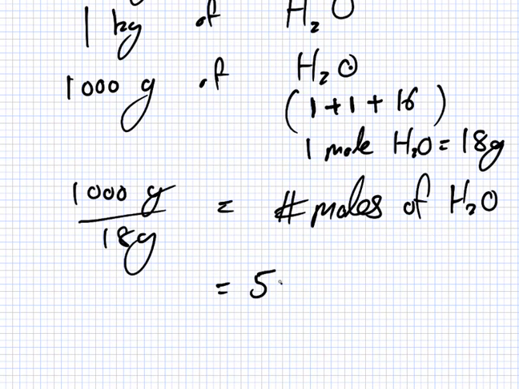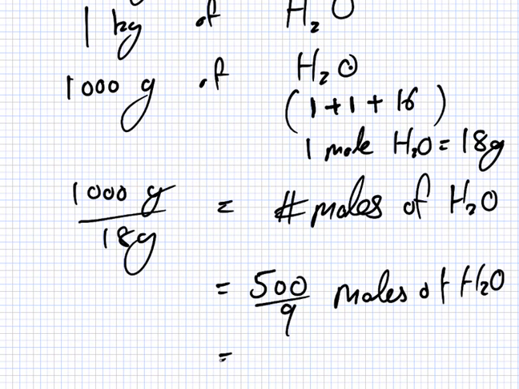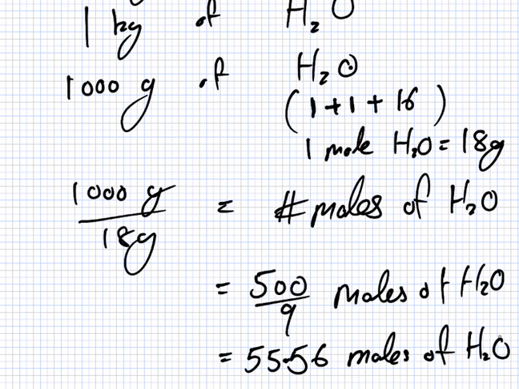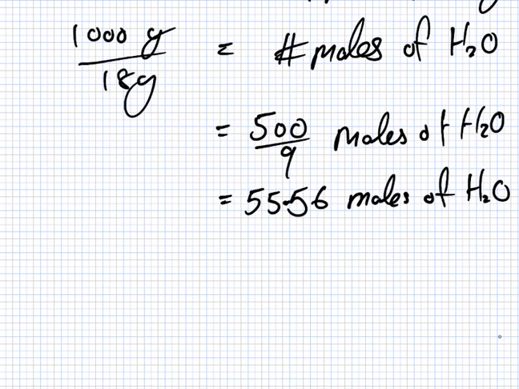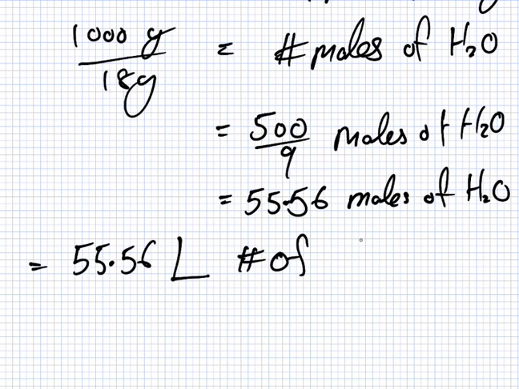500 over 9 moles of H2O. What is that number? 55.56 moles of H2O. Okay, so we're nearly there. That means I would have 55.56 times Avogadro's number of H2O molecules.